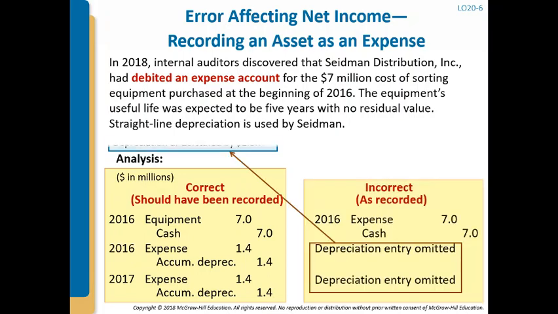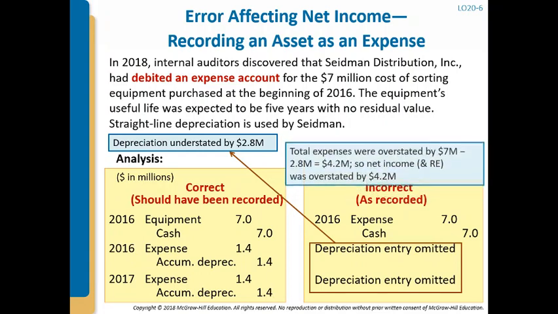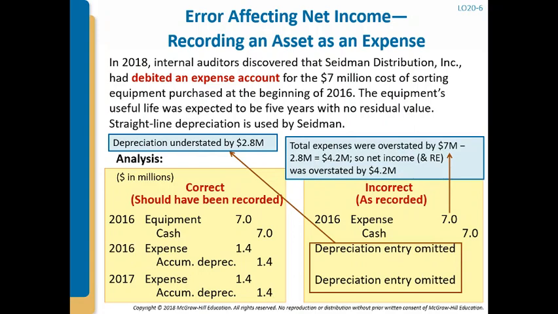So compare the incorrect to the correct. So accumulated depreciation is understated by 2.8 million. Depreciation expense as well. Net income is overstated by $4.2 million. Now think about that.